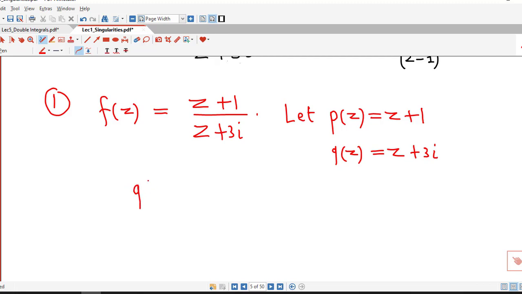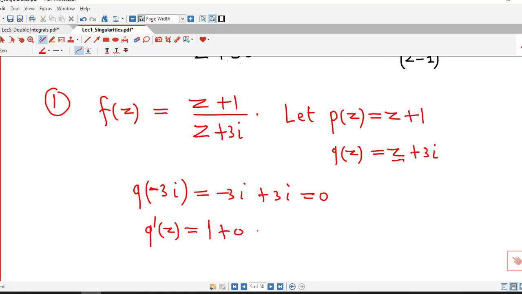So first we find the value of q of z at minus 3i, which is minus 3i plus 3i equal to 0, and the derivative of q of z is the derivative of z, which is 1, plus the derivative of 3i, which is 0. So the first derivative is non-zero.